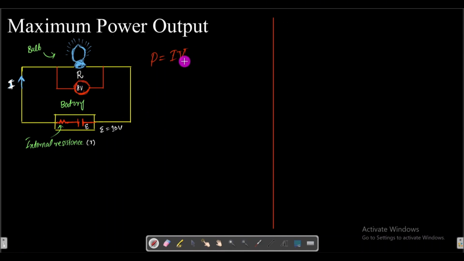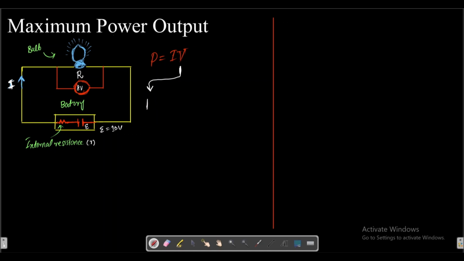You may think that in order to achieve the maximum power, we will have to reduce the internal resistance inside the battery. So let's take that scenario.